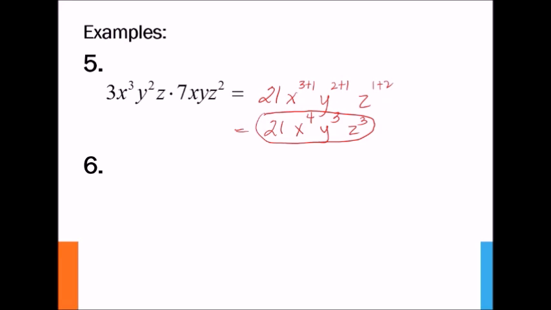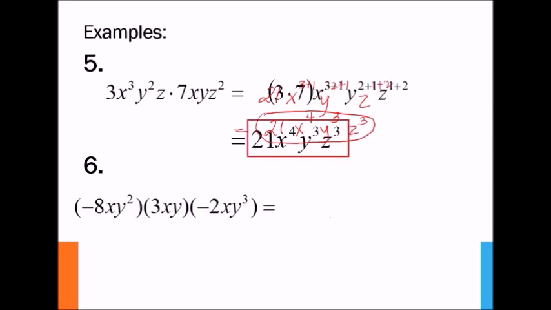For number 6, try to answer it. Pause the video first and play when you are ready. Okay, let's reveal the answer. 8 times 3 is 24. Times 2 is 48. Let's write that. Then, we have two negatives, and they cancel each other. Negative times negative becomes positive.